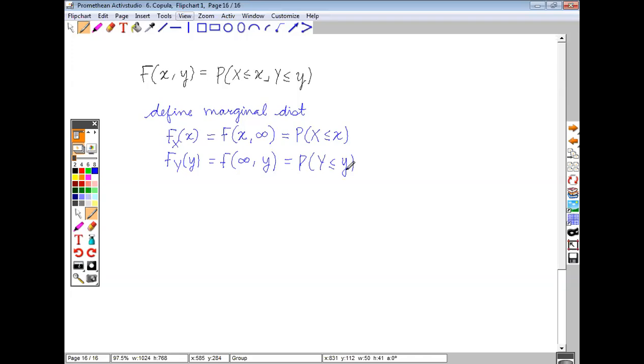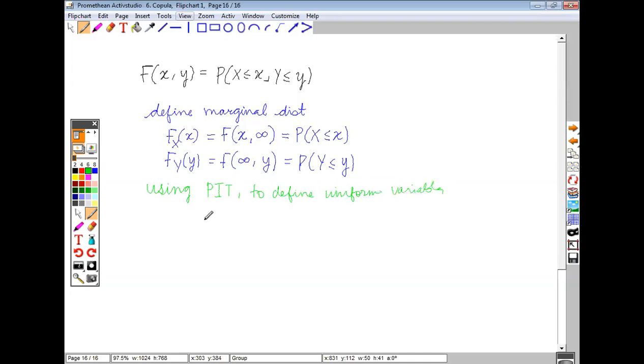Next I had my CDFs, then I defined those CDFs in terms of their distribution, which I knew was just uniform, right? So now I'm going to use the probability integral transform to define some uniform variates.